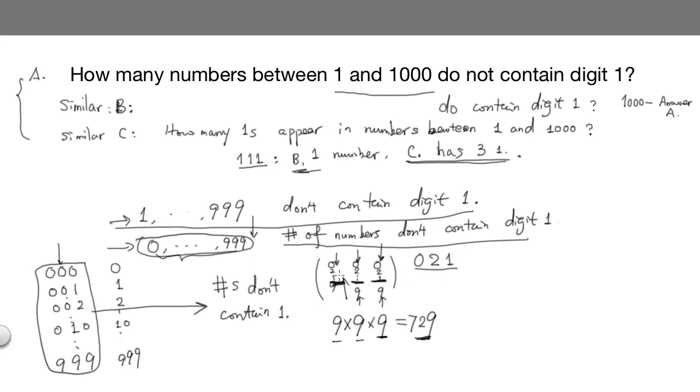Each combination of the 100s digit, 10s digit, and 1s digit creates one of those numbers, and all different combinations create all those numbers, excluding those with a 1. Actually, with a choice of 2, you get 02 because 1 is not allowed. So in total there will be 729 such numbers.